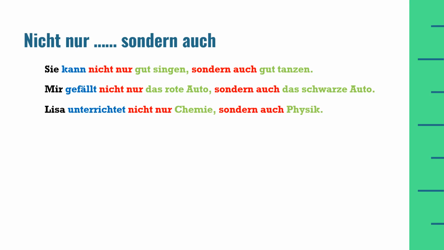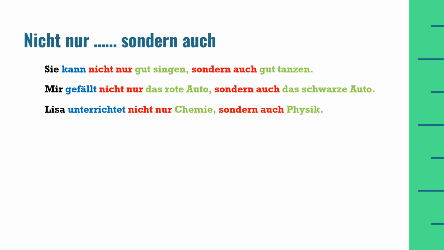Lisa unterrichtet nicht nur Chemie, sondern auch Physik. Lisa not only teaches chemistry but also physics. So again, Lisa is the subject of the sentence. Unterrichtet is the verb that we have conjugated here for Lisa.